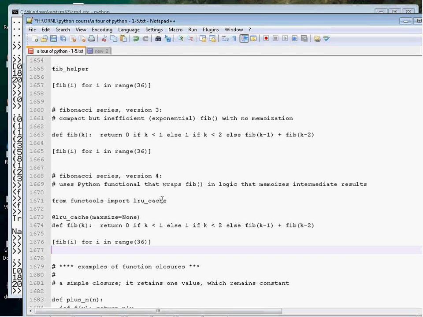What a decorator does, a decorator is what's called a functional. A functional is a function that accepts a function and returns a function. You can think of a Python functional as a wrapper mechanism.